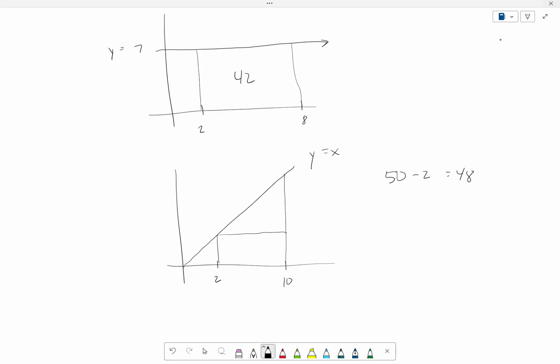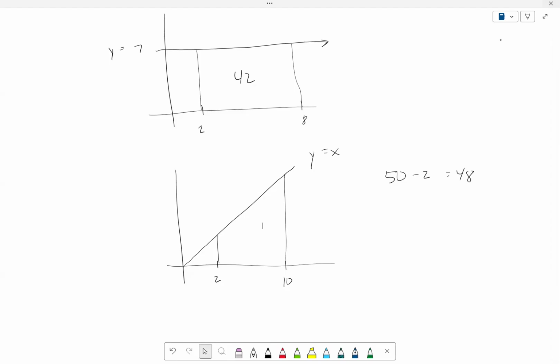The rectangle here would have an area of 2 times 8, what is that? 16. And the rest? What's the area of that triangle there? 32. We get the same thing? Yay. Thank you for reminding us that this is a trapezoid.